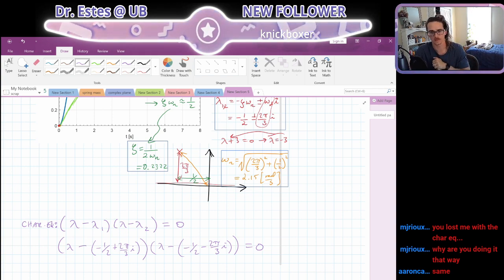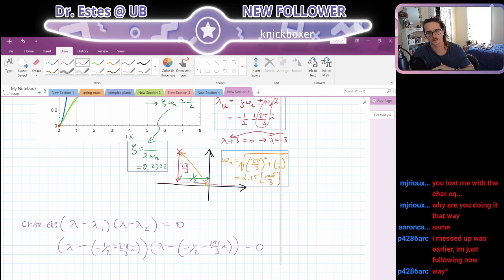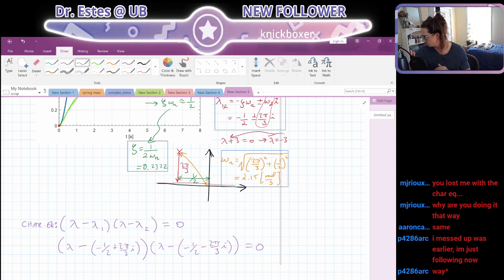I know ways to do this in MATLAB, which is also fine. Okay, got you. But as far as getting the characteristic equation by hand, this is the only way I know.